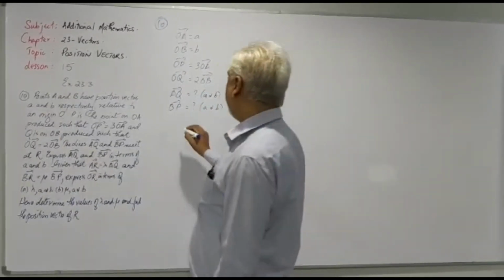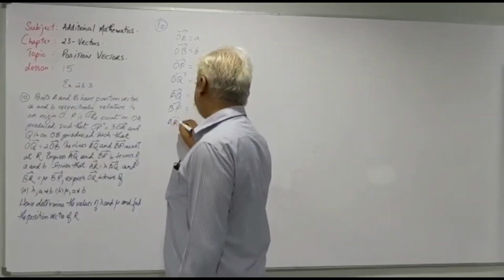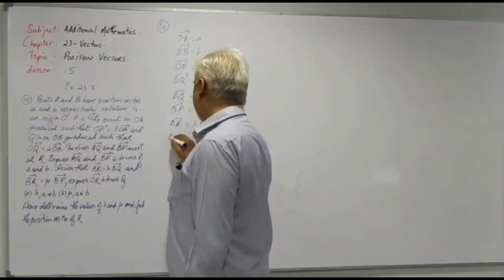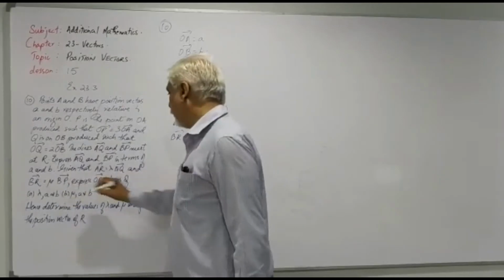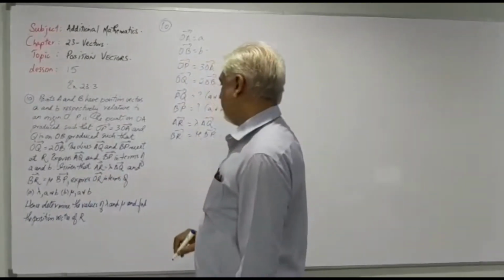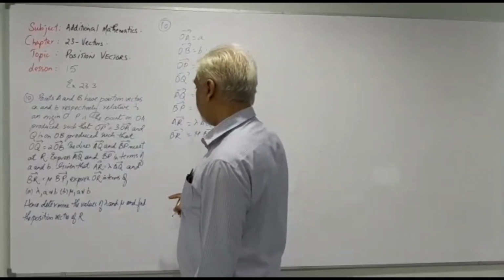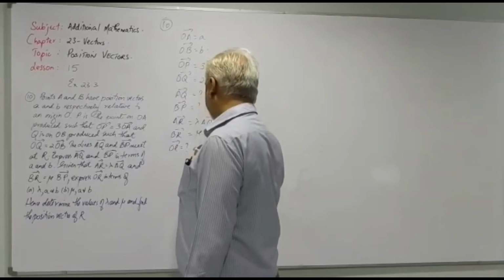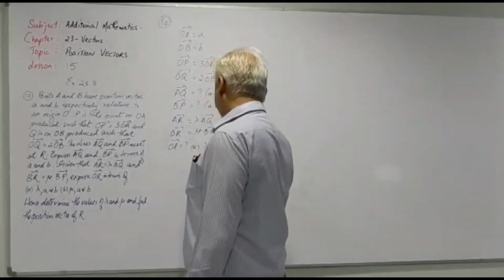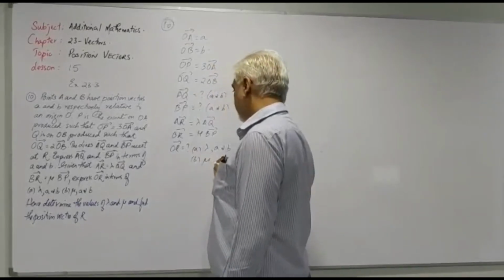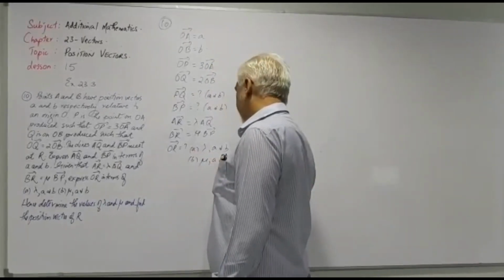Given that AR is equal to lambda AQ and BR is equal to mu BP, express OR in terms of lambda, A and B, and in terms of mu, A and B.